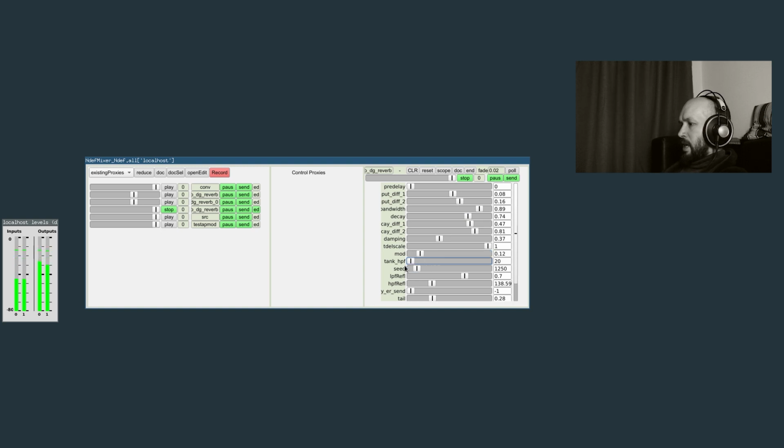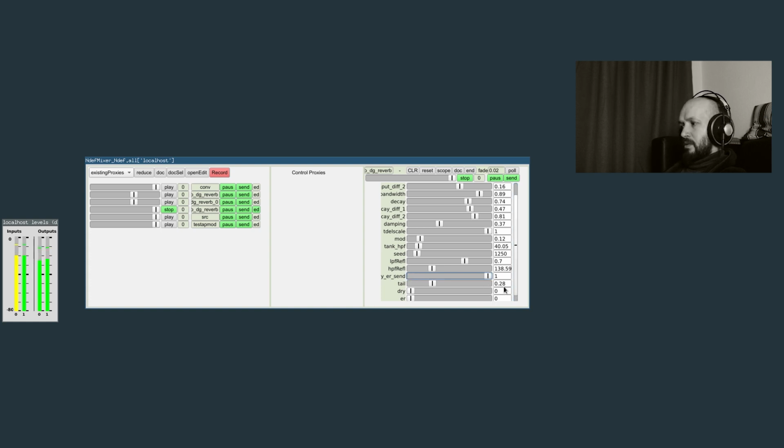And the high pass filter for the tank. Yeah, that's about the reverberator.